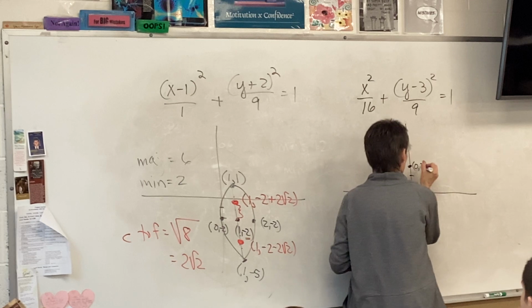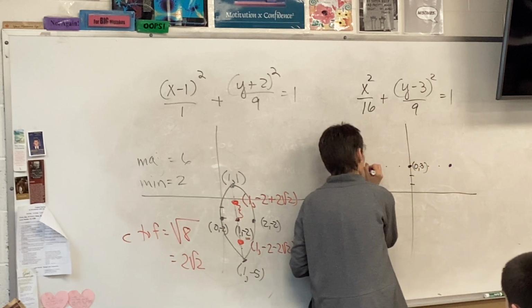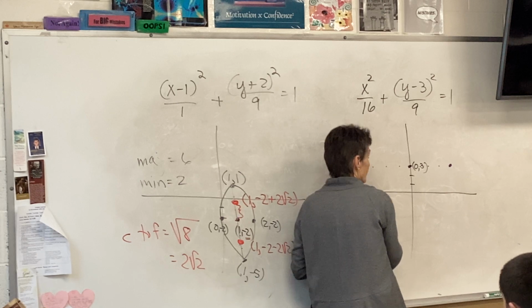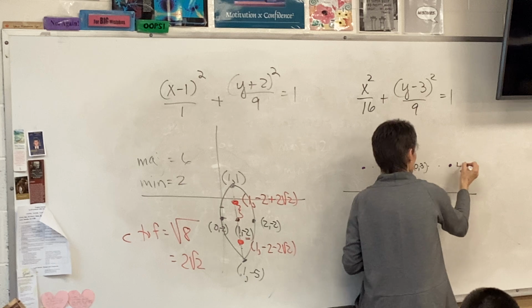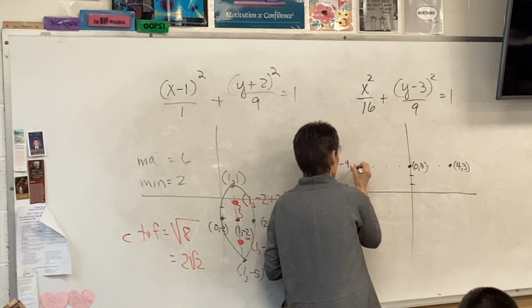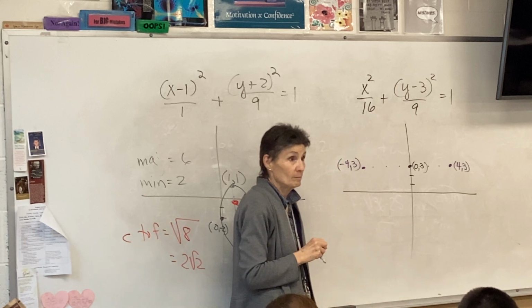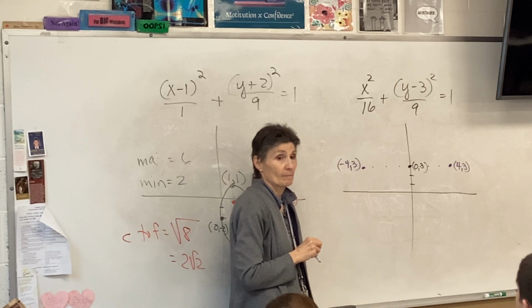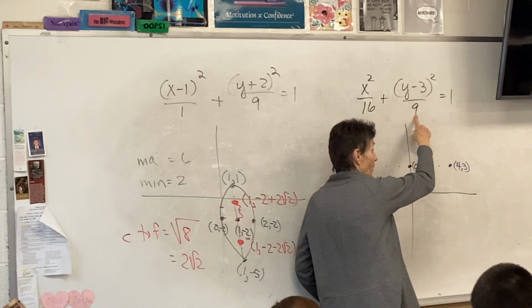So on my graph paper, 1, 2, 3, 4. 1, 2, 3, 4. Let me label these first. So this one will be 4 comma 3 and negative 4 comma 3 on your graph paper. And then I will go up and down 3.